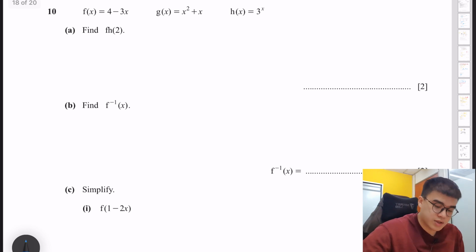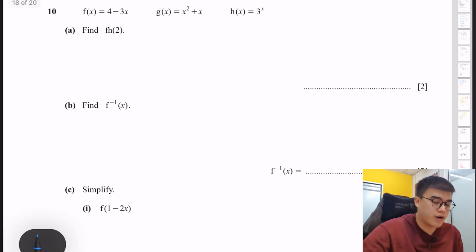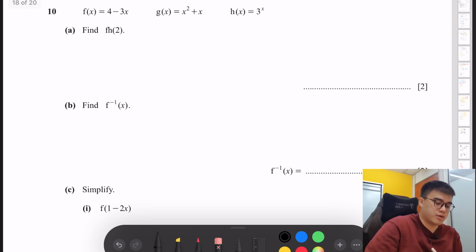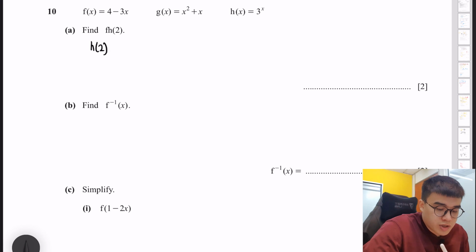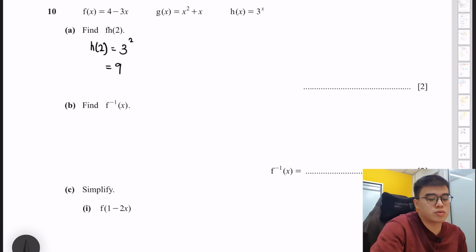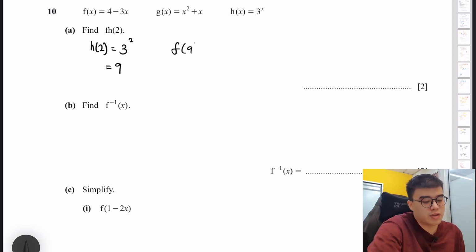We have question 10 over here where it involves gradient calculation. So I will be calculating h of 2 first, where 3 squared, we get 9. So h of 2 is 9, so now you sub the 9 into function f.